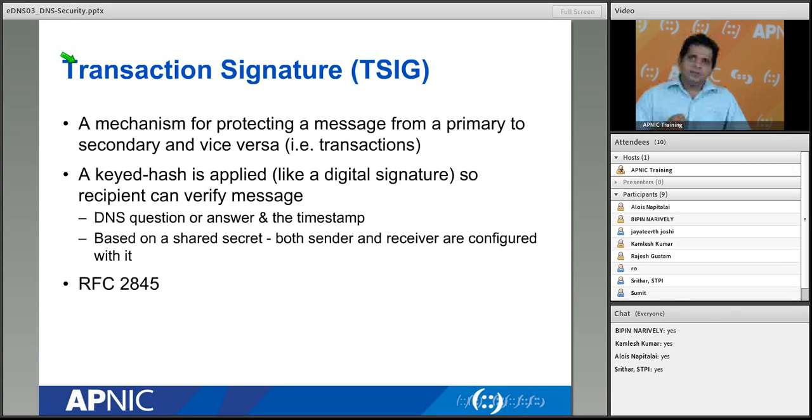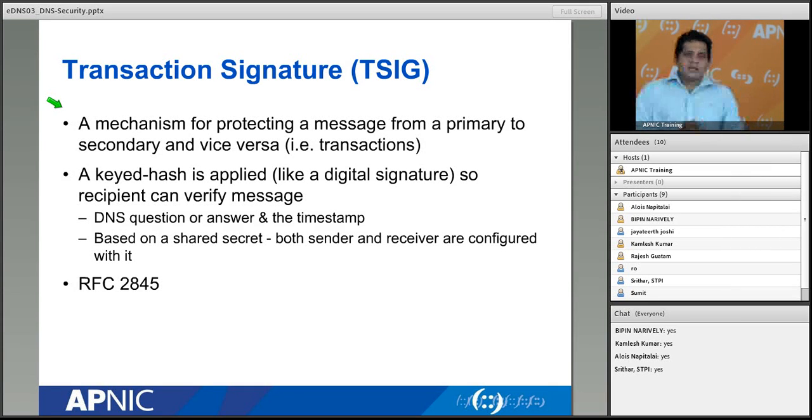Okay, so we will use transaction signatures, or TSIG, to protect this transaction. As the slide says, it's a mechanism to protect a message from a primary to a secondary and vice versa. In other words, the transaction basically. So how do we do this?